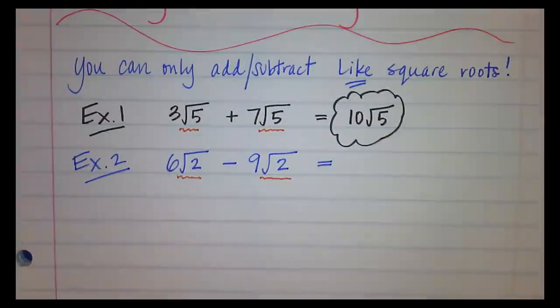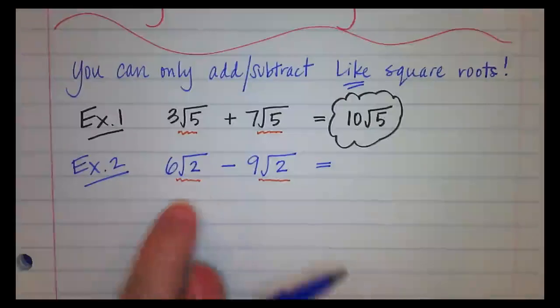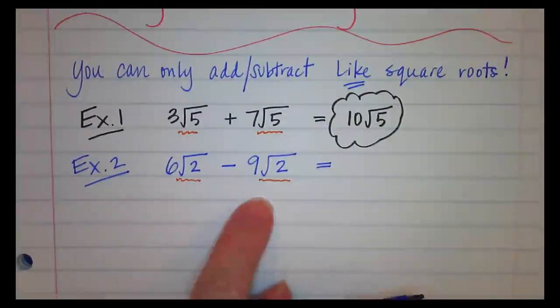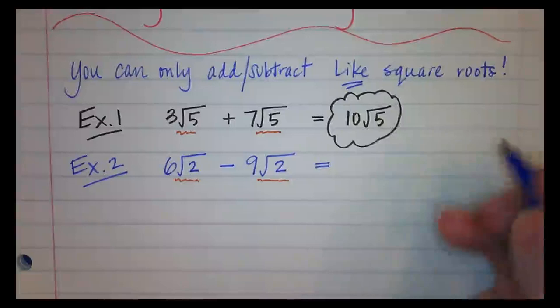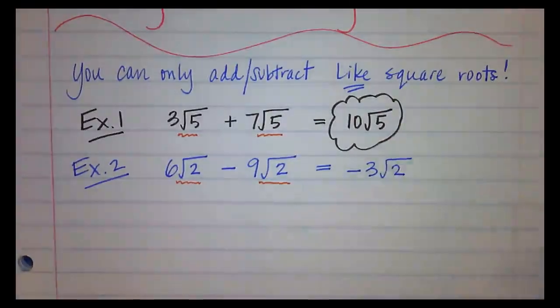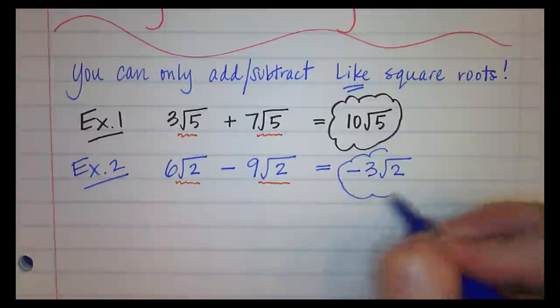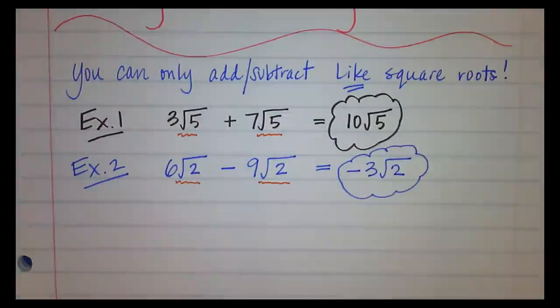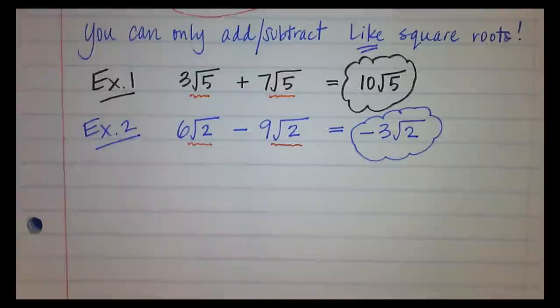So we have common radicals. If we had 6 square roots of 2 and we want to subtract 9 square roots of 2, that would leave us with -3 square roots of 2. And that's our answer.